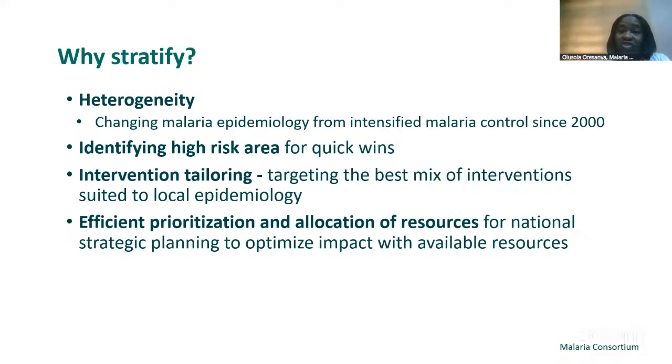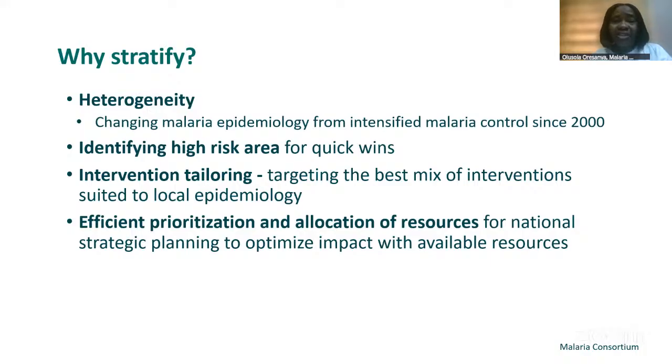We stratify also to be able to tailor interventions, as I've mentioned. You are able to put the best mix of interventions together. Once you know what the epidemiology, the ecology, and all the determinants of receptivity in an area are, you are then able to put your interventions together to target that particular area with all the tools that are required to achieve reduction in malaria in that area.